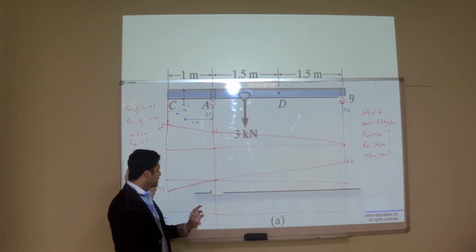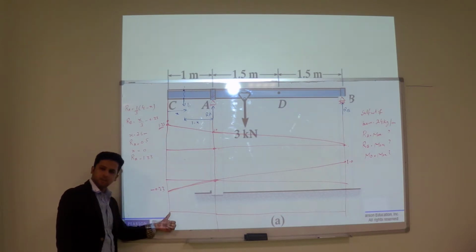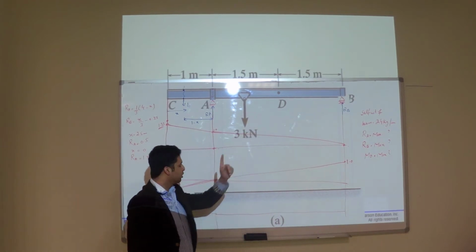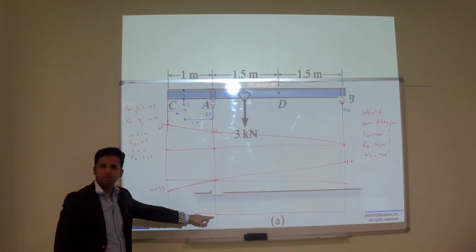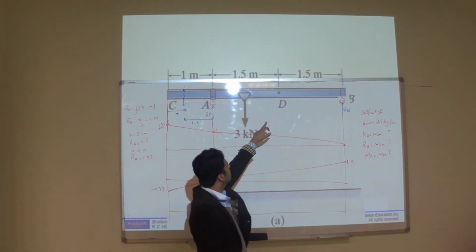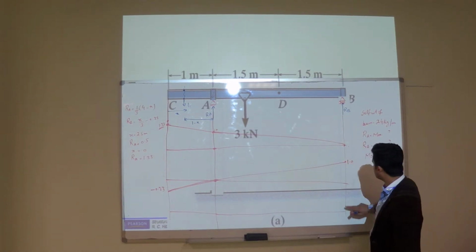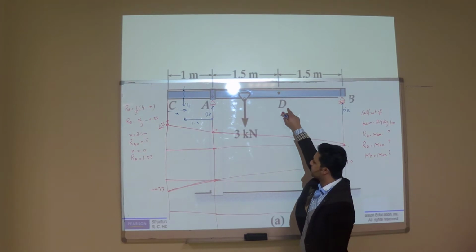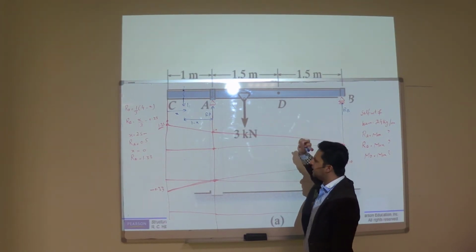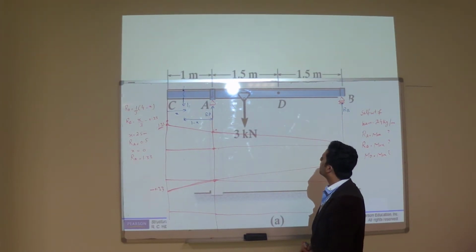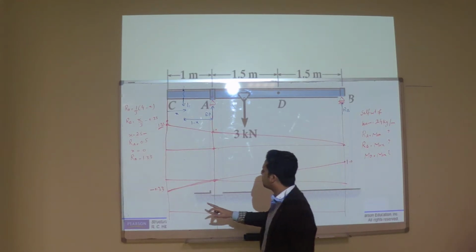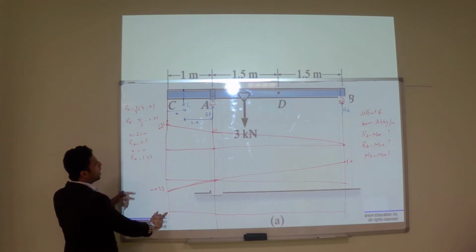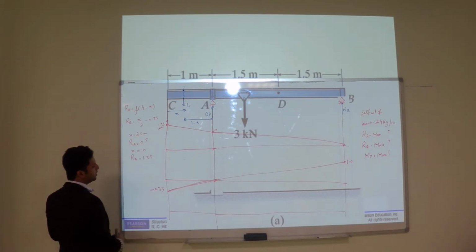What we will do, we will put first load here and we will find out the moment at point D. We will put the load here and find out the moment at point D. And then we will put the load at this point and find out the moment at point D. It's very easy. If the load is at this point, you have this reaction.